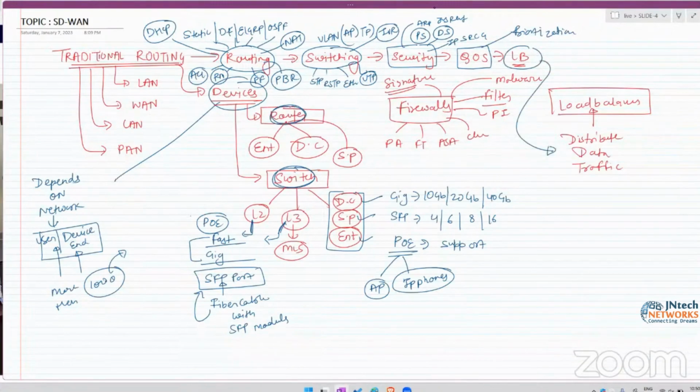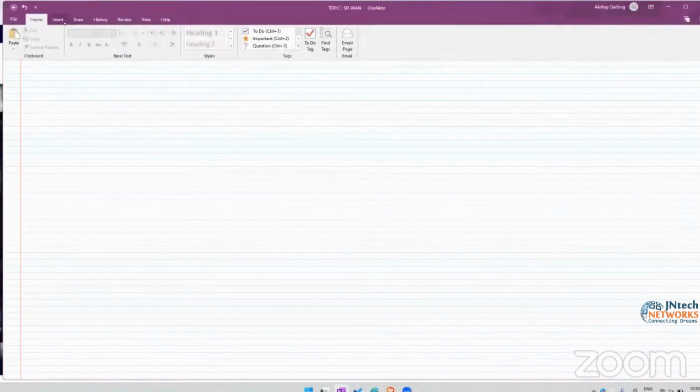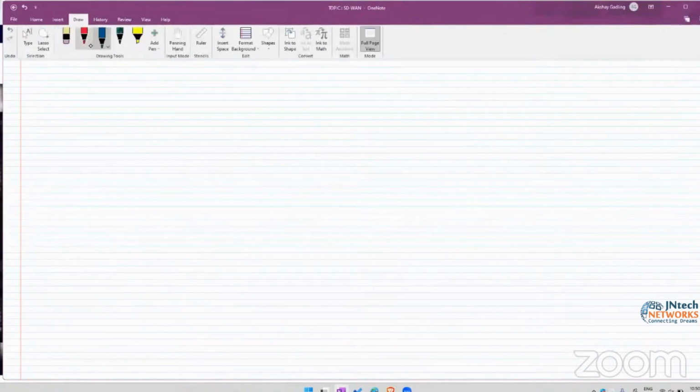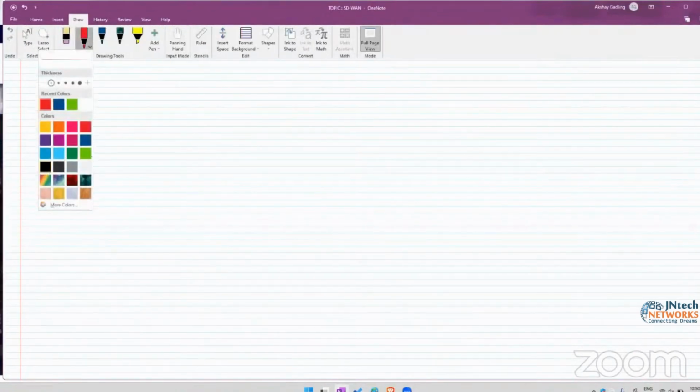So in traditional routing, if we design, for example, this one is your small setup. This one is your router 1. This one is your router 2.